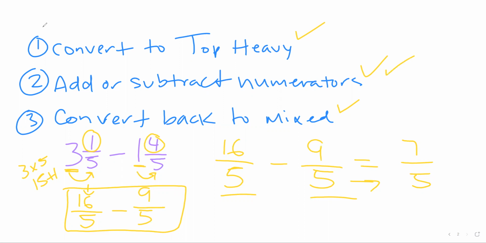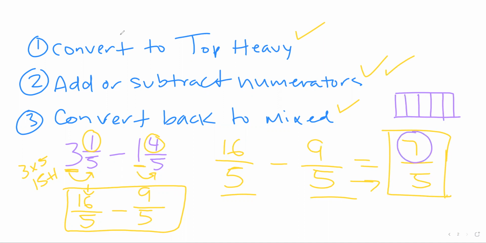Now we need to convert this back into a mixed number because you see that this is still top heavy, and we don't ever want our answers in top heavy form. If you look at it in terms of a model, I have a model cut into 5 pieces and I need to shade in 7. So 1, 2, 3, 4, 5.